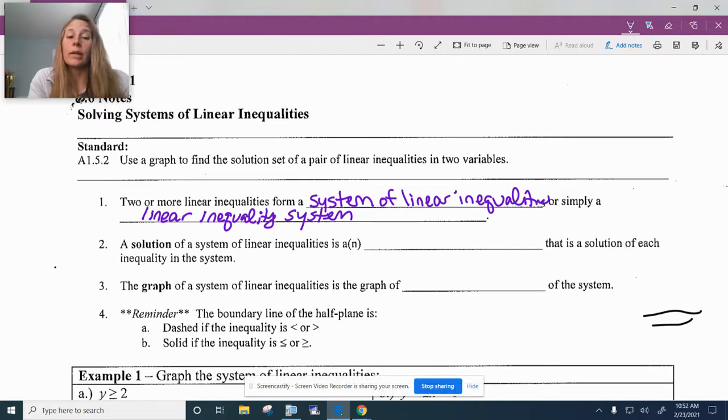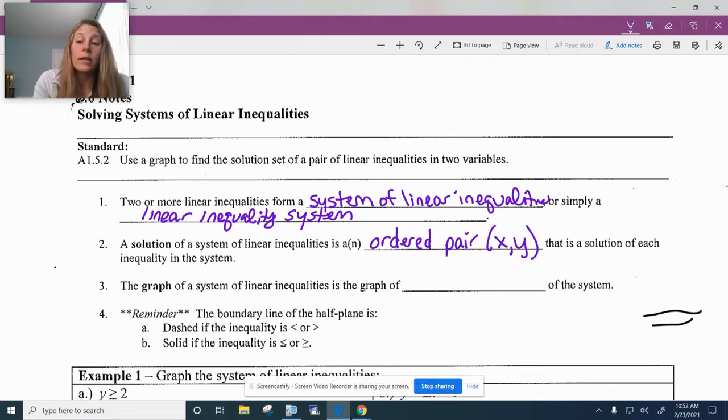A solution of the system of linear inequalities is an ordered pair consisting of an x and a y coordinate that is the solution of each inequality in the system.